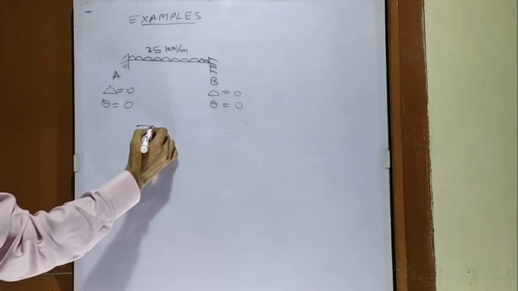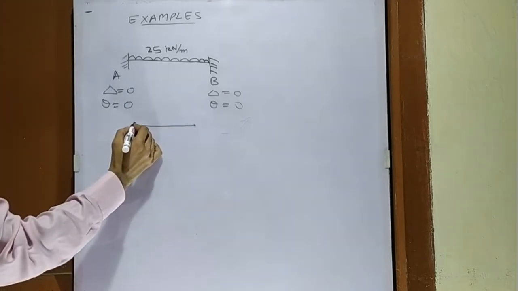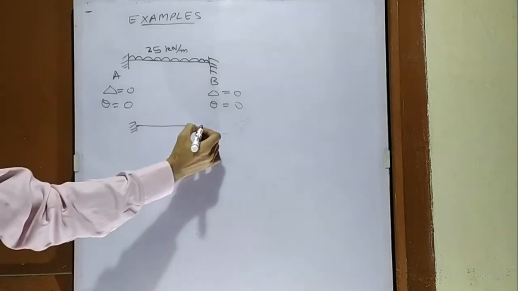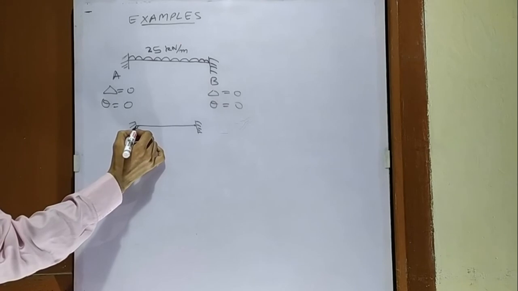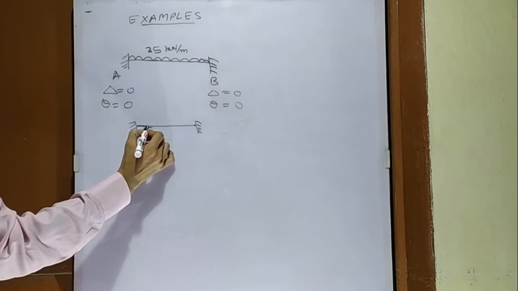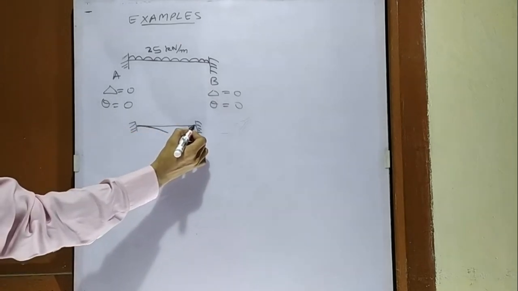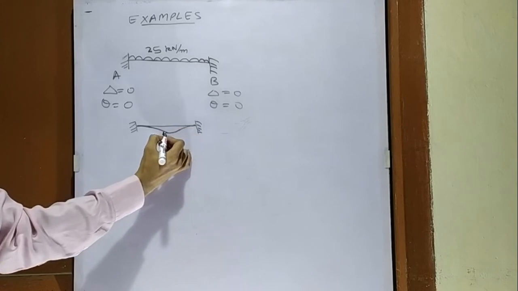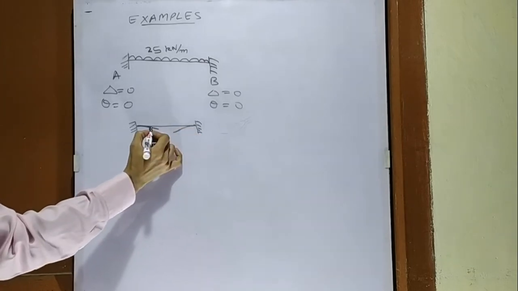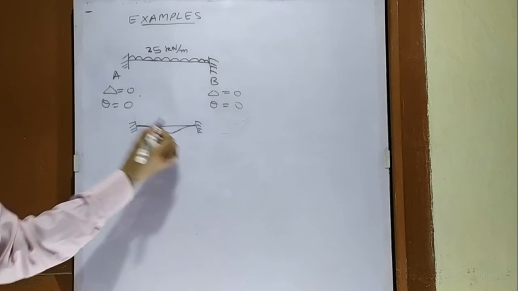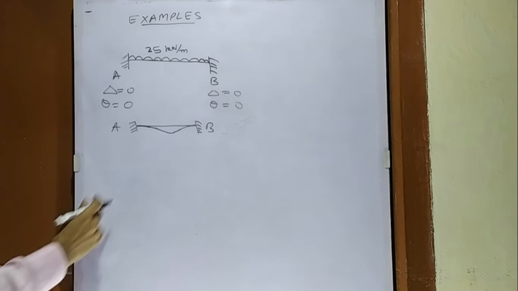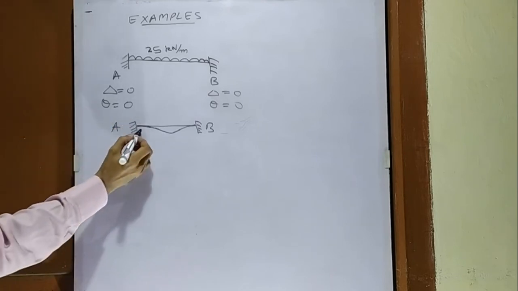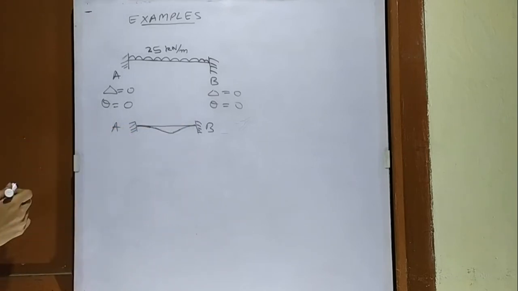So if we just draw this beam, this is our initial shape. After the load is applied, the deflected shape of this beam will be like this, because at point A and at B there will be no deflection and no slope as well.